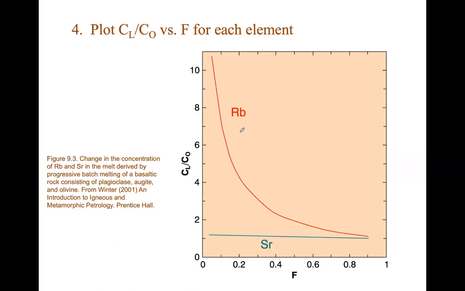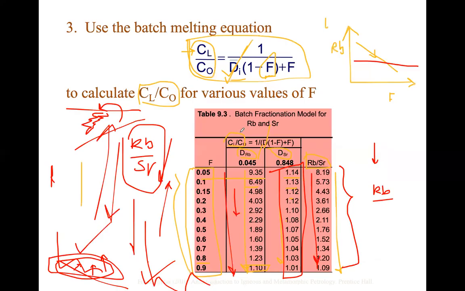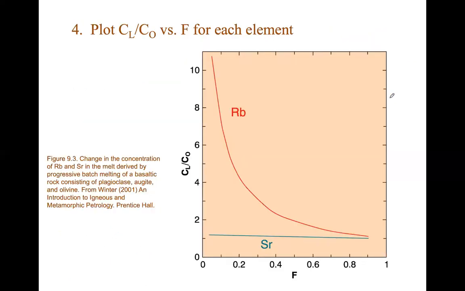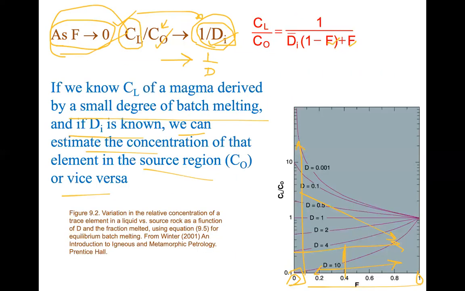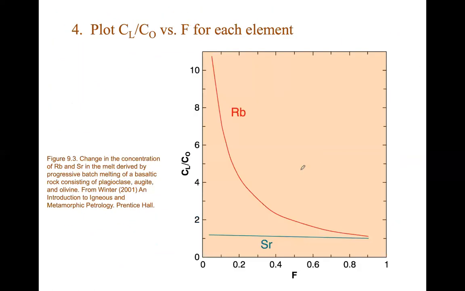Okay, so we can plot the one that I explained here. This table can be plotted and see real change. Actually, it's not a linear change as I said before. I just simplified it. But if you plot it, you will see the same type of behavior that you observed here, right? It's a curve, right? It must be a curve. That is the typical behavior. So you get rubidium as a curved behavior, but strontium almost linear behavior.